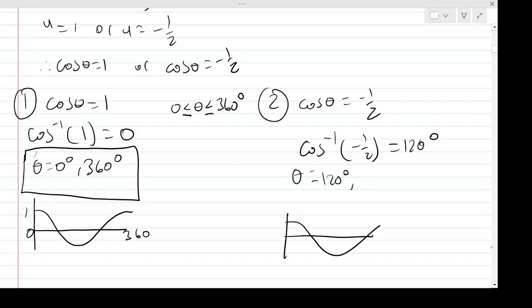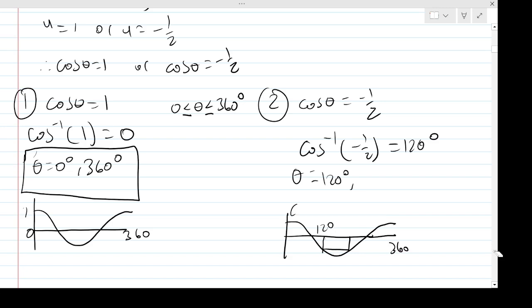So 360 would be there. So 120, well, if 90 is there, the 120 would be about there, right? So then the next solution along would be there. To find that next solution, well, again, in the middle of the hump, it's symmetrical to the left and the right side of it, right?